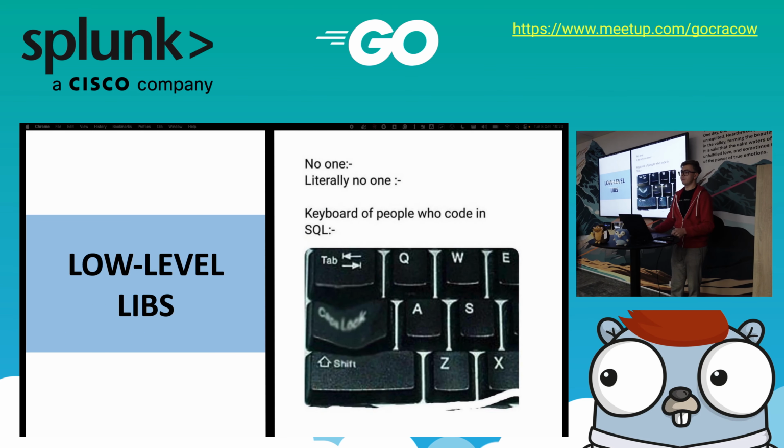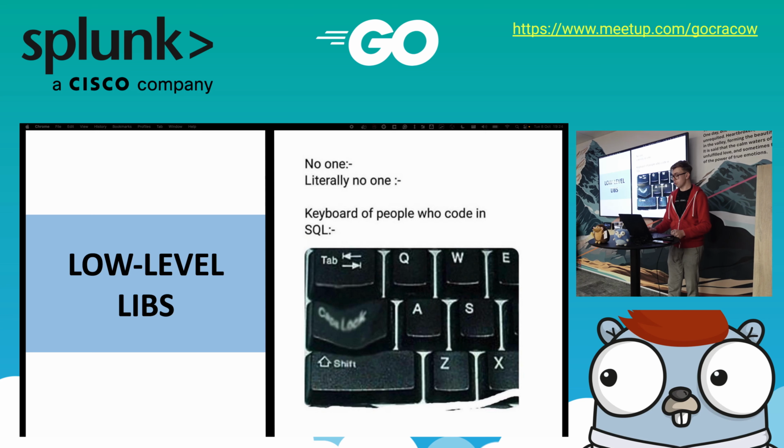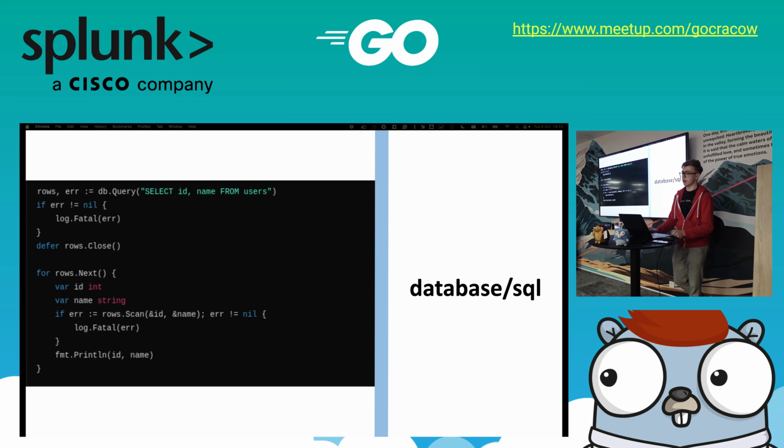Starting with low-level libs, those are the ones that will make you hit caps lock all the time. You'll write a lot of raw SQL, and you will have a lot of control over what you write. We need to start with the basics to have a common ground for comparison.